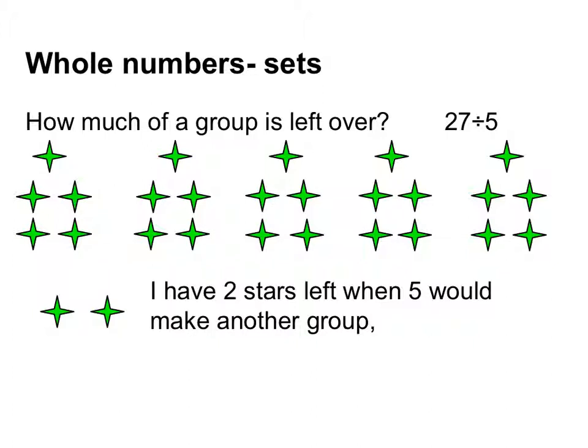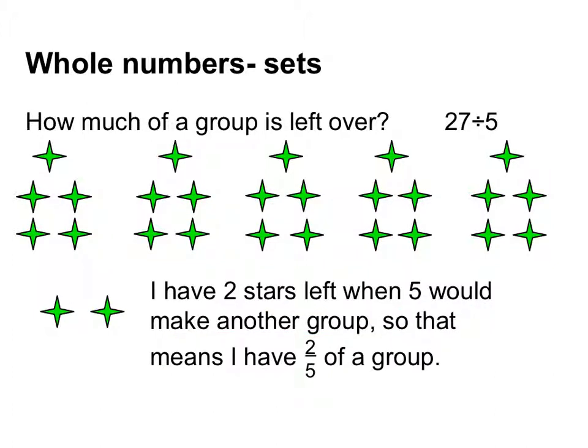I have 2 stars left when 5 would make another group. So I have 2, and 5 make a group, a whole. That means I have 2/5 of a group. So there's my 2/5. So 27 divided by 5 is 5 2/5.